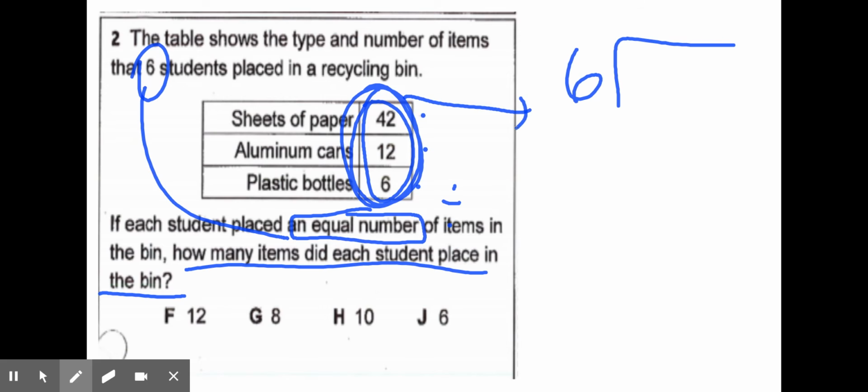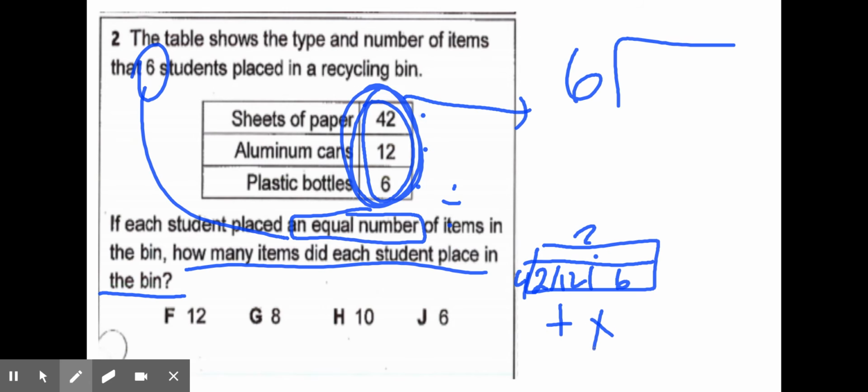We're missing that because if I had my little strip diagram, I know my parts. I know there's a 42, I know there's a 12, and I know there's a 6, but I don't know my total. So when I don't know my total, I'm either adding or I'm timesing.